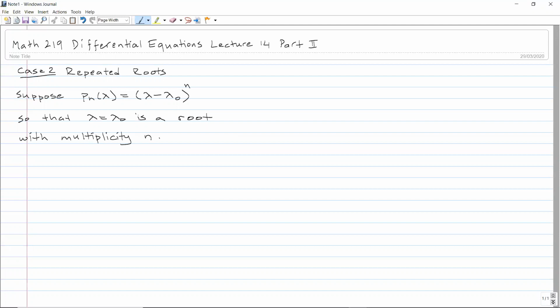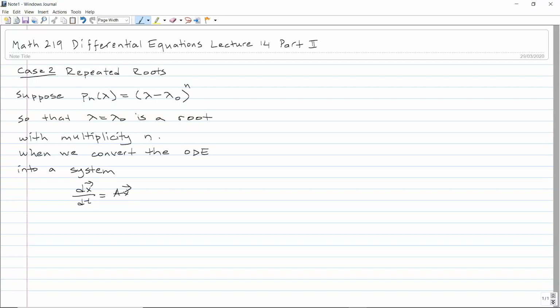Remember what this means when we convert the differential equation into a system, dx/dt equals Ax.